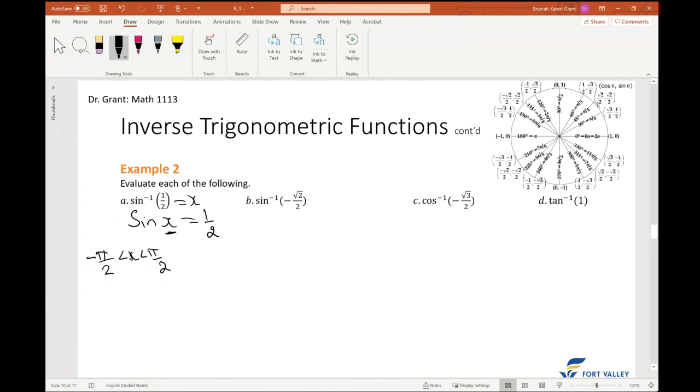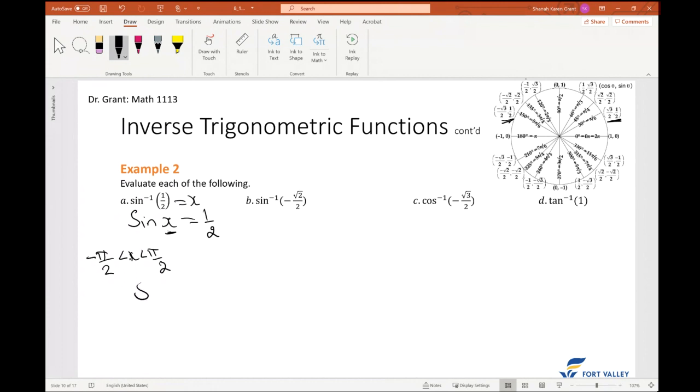Okay, so if you look at the unit circle, sine is 1/2 at pi over 6, right? Pi over 6, and also sine is 1/2 at 5 pi over 6. But 5 pi over 6 is not where we need it to be.